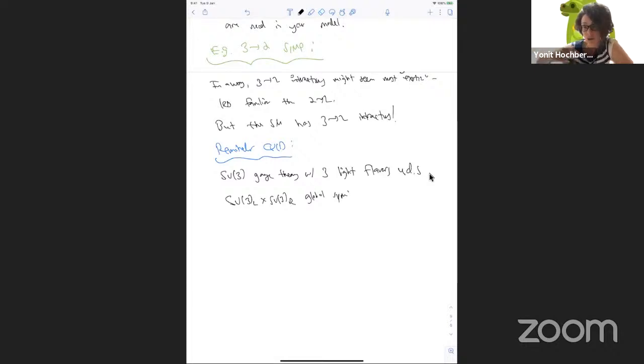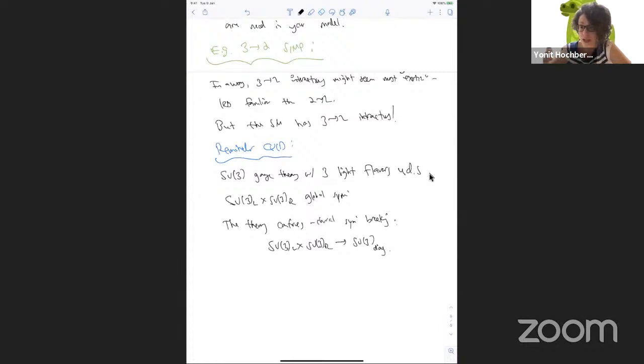And what happens is, as we go to lower energies, the theory confines. This is what's known as chiral symmetry breaking. SU(3)_L × SU(3)_R breaks down to only one diagonal SU(3), a global diagonal SU(3). Now in QCD itself, this is not an exact symmetry.